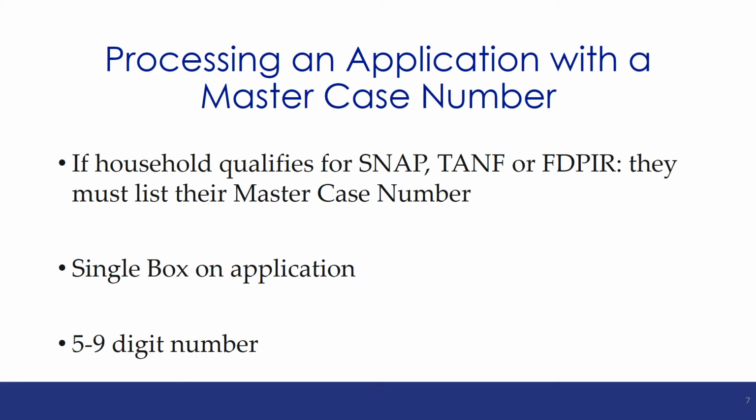There is a single box on the application to report the number. You will be looking for a 5 to 9-digit number. We typically see 6 digits. If you see more than 6, it's because the household is listing the zeros that precede their number. Households reporting a master case number automatically qualify for free meals.